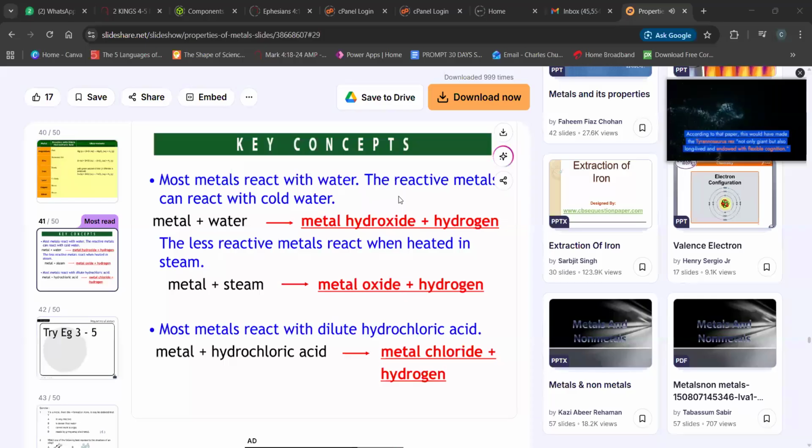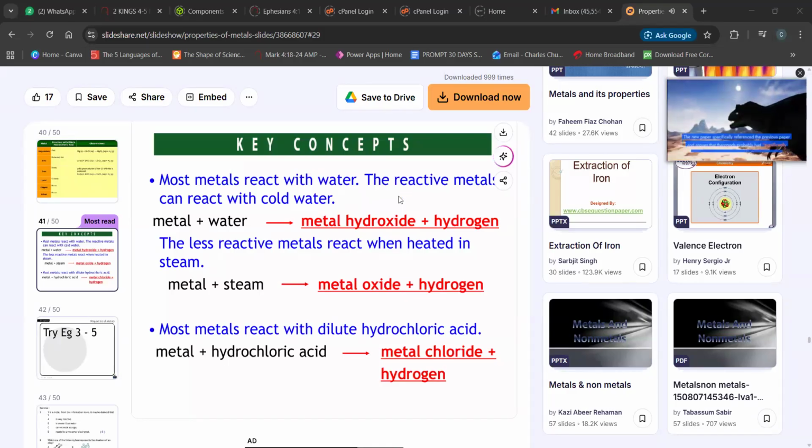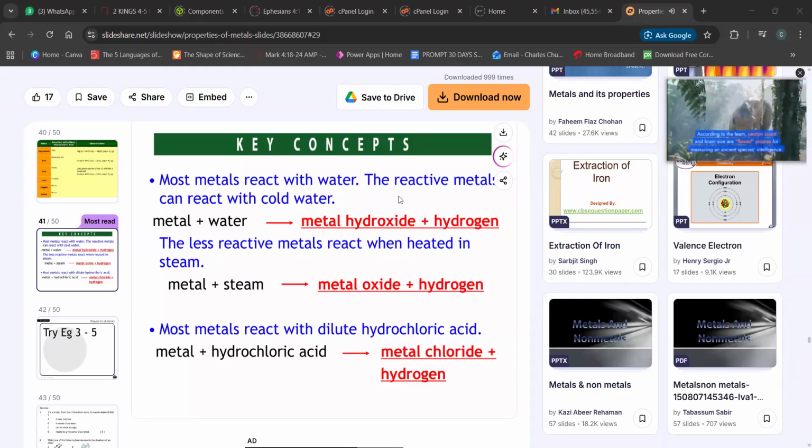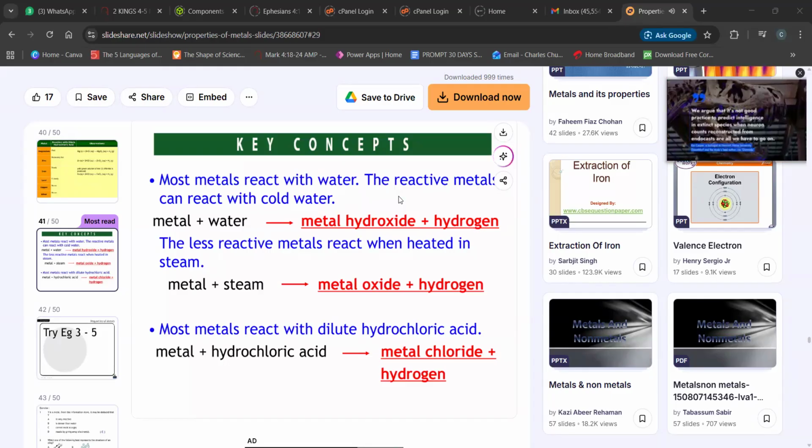Sometimes when you heat the metal itself, you get a less reactive metal to react. Most metals react with dilute hydrochloric acid. Please take note, it didn't say all metals.